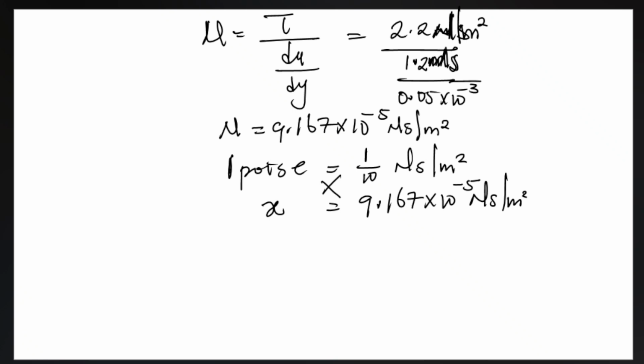If you cross multiply, you will simply have 9.167 multiplied by 1, and that will give you 9.167 times 10 raised to the power of -5 Newton seconds per meter square, multiplied by your poise here.